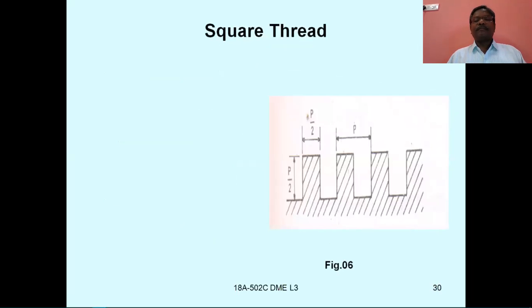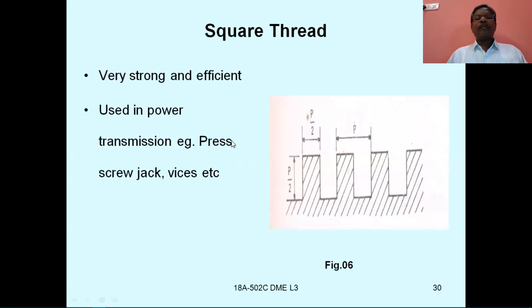And square threads are also very strong and efficient. The efficiency of the square thread is more than the Acme thread, buttress thread and trapezoidal threads. It is used for power transmission, mainly in presses, screw jacks, vices, and lead screws of lathe machines, and it is more expensive to produce.